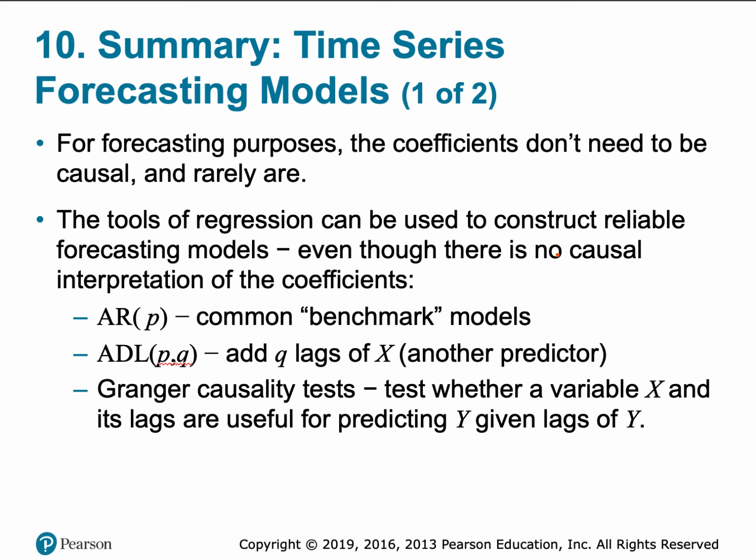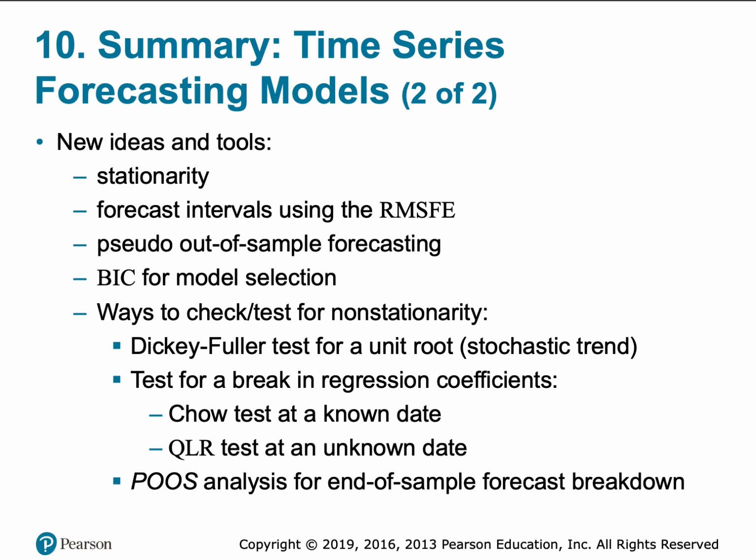We can use Granger causality tests, which test whether a variable X and its lags are useful for predicting Y, given lags of Y. That's in essence an F test, testing that the coefficients on the lags are equal to 0. Finally, we have looked at new ideas and tools in forecasting.